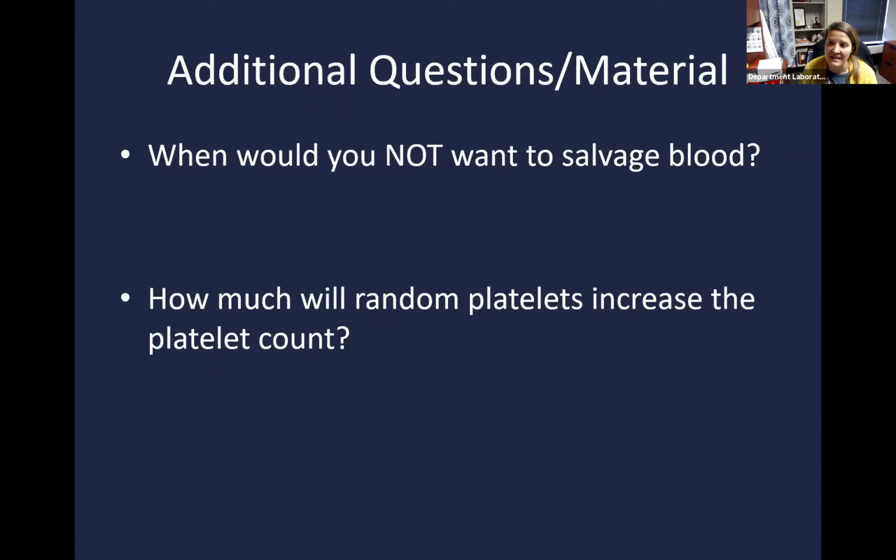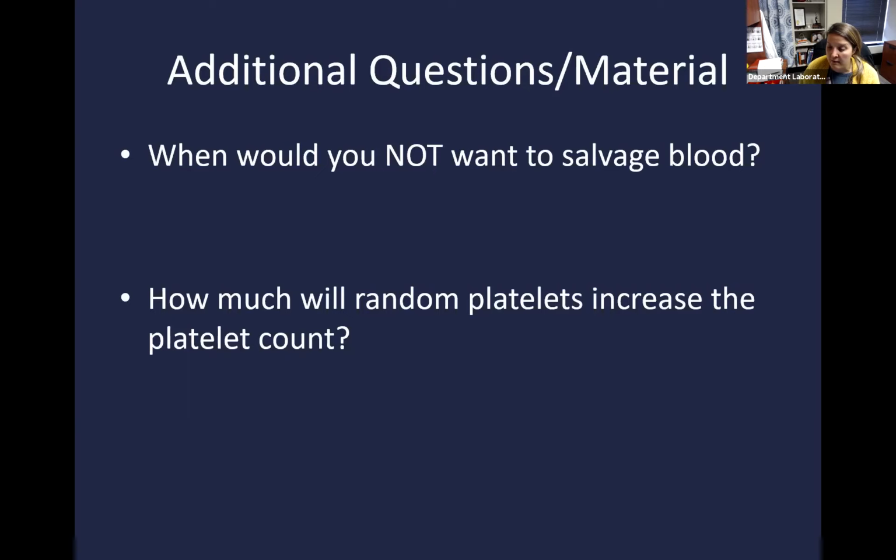The other is any surgery in the abdominal area where the bowels might be involved, because the risk for sepsis increases there too. We don't want to risk the bowel being cut during the process, bacteria being exposed, and then giving that product back to the patient. That could result in sepsis. So those are two conditions when you don't want to perform cell saver.